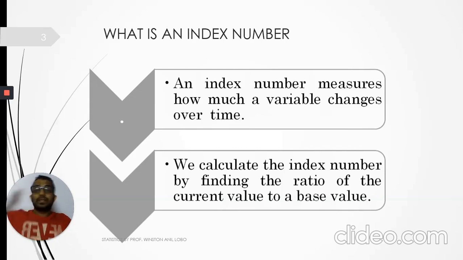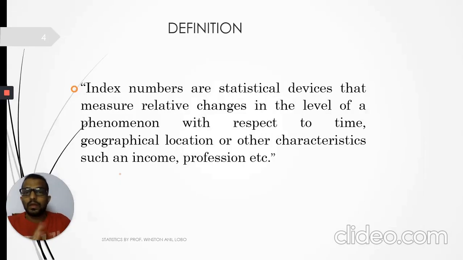Base means the year or value with which we are comparing. For example, say this is 2020 and the current value is 80 rupees. If we are comparing with 2010, then 2010 becomes the base value. If you are comparing with just the previous year, 2019, then 2019 becomes the base value.